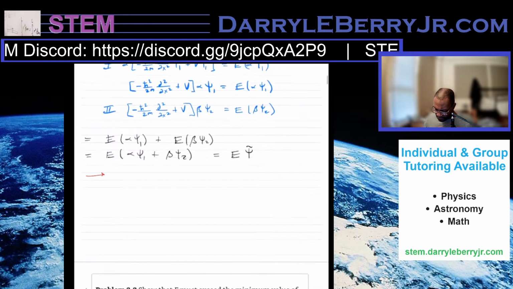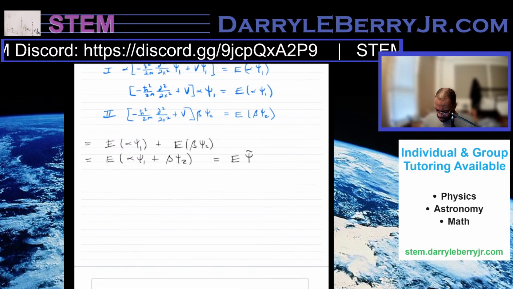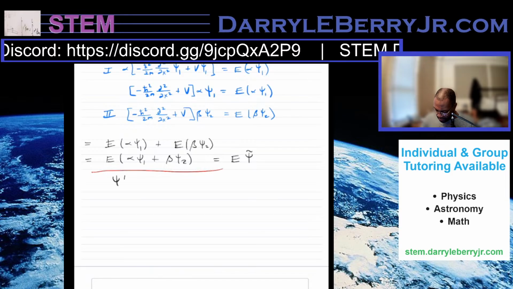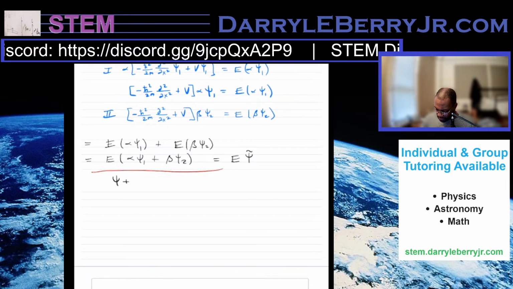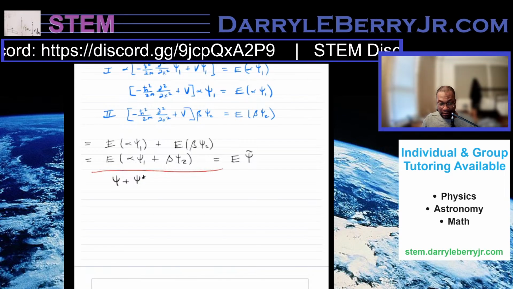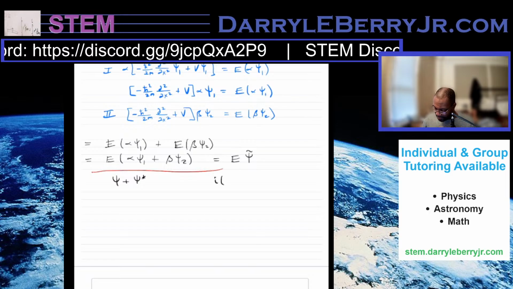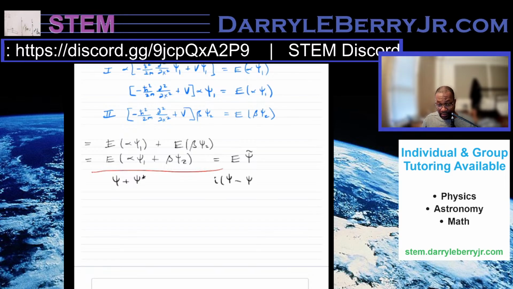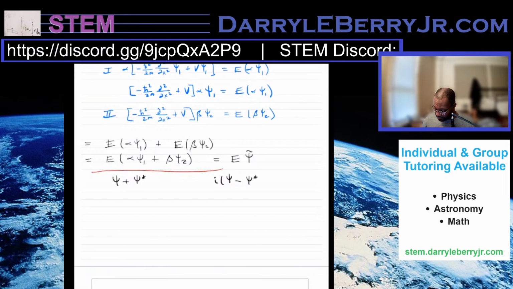Okay. So looking at the second part, we have psi plus psi star and i times psi minus psi star.